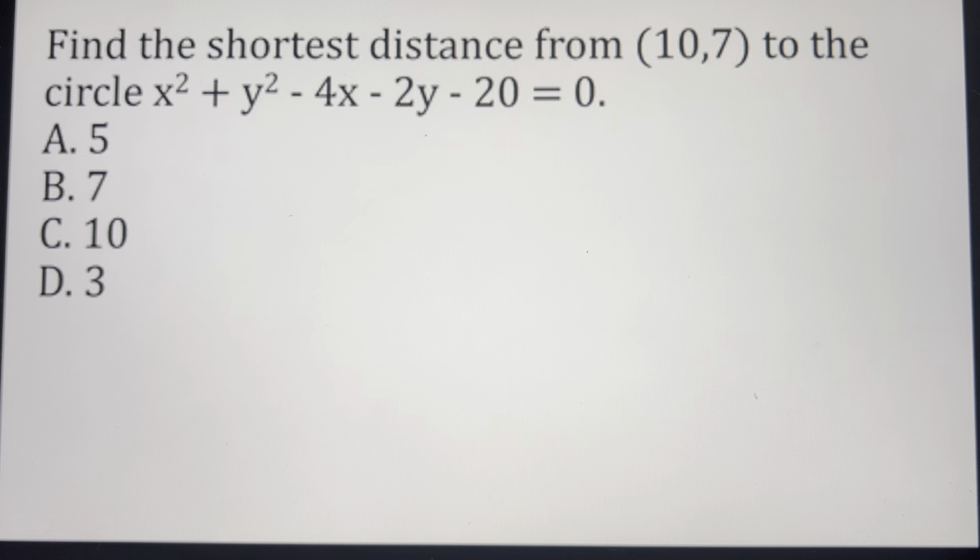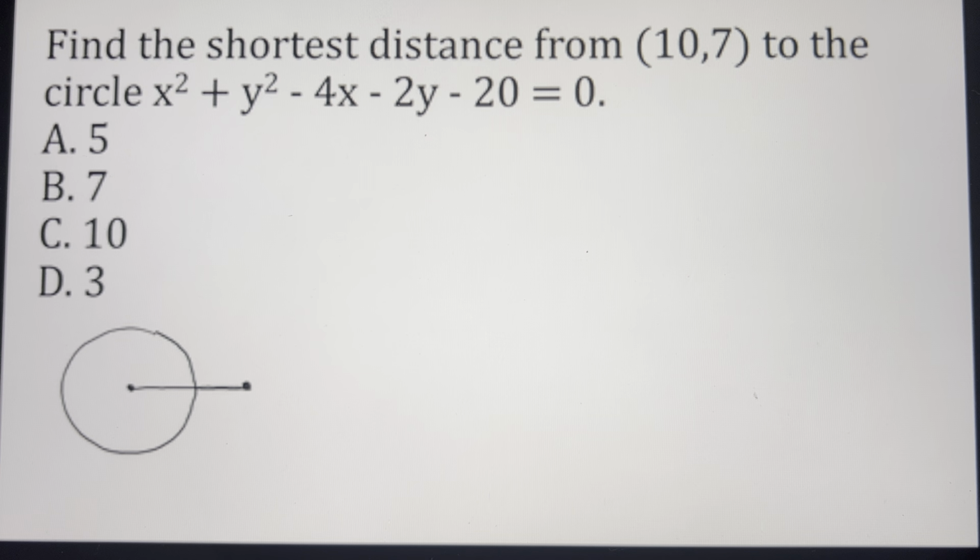Find the shortest distance from (10, 7) to the circle x squared plus y squared minus 4x minus 2y minus 20 equals 0. So let's say we have this circle, and let's say we have a point outside our circle. The shortest distance will be along a line segment connecting our center to that point.